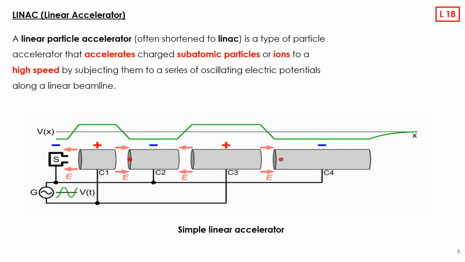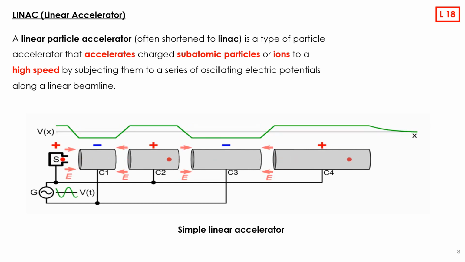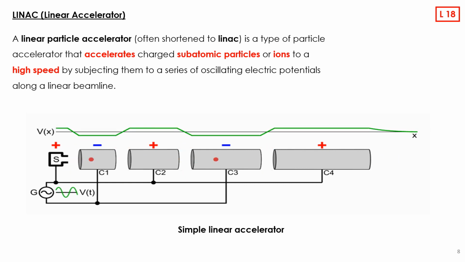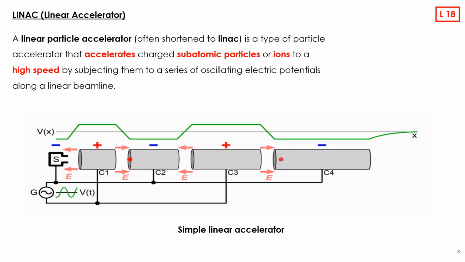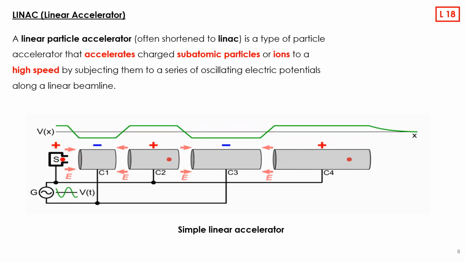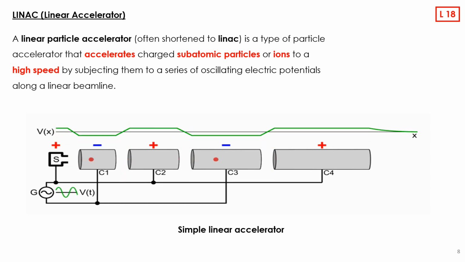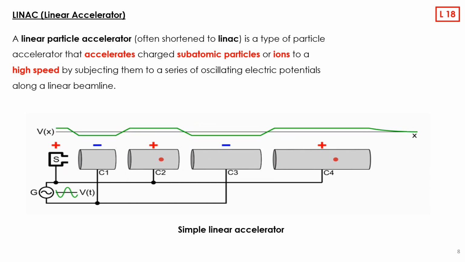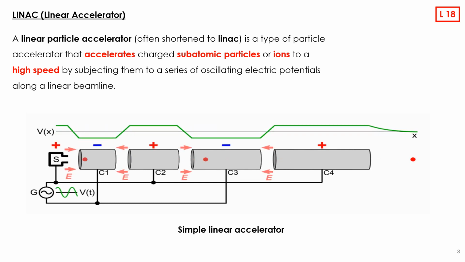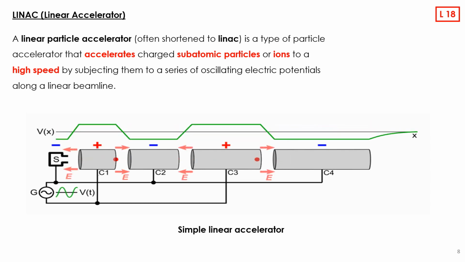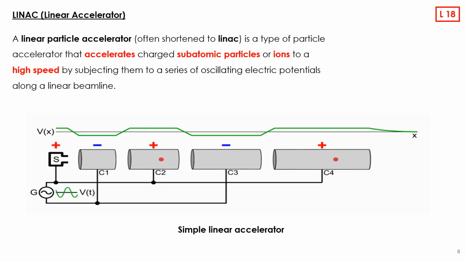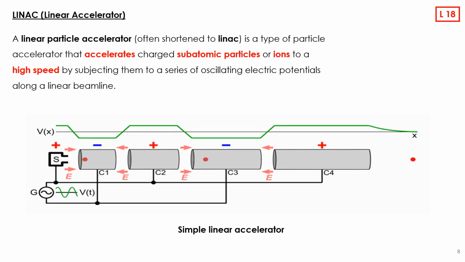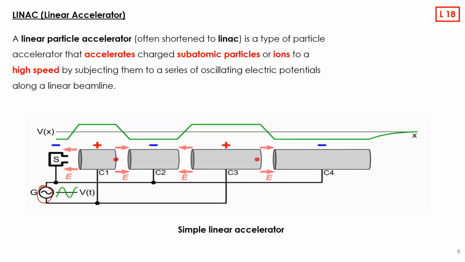The linear accelerator, often shortened to LINAC, is a type of particle accelerator that accelerates charged subatomic particles or ions to a high speed. This is done by subjecting them to a series of oscillating electric potentials, because these chambers C1, C2, C3, and C4 are connected to an alternating power supply.